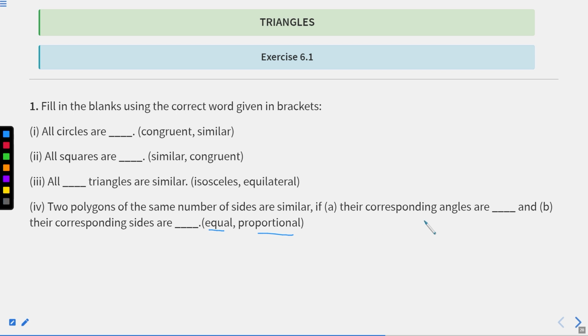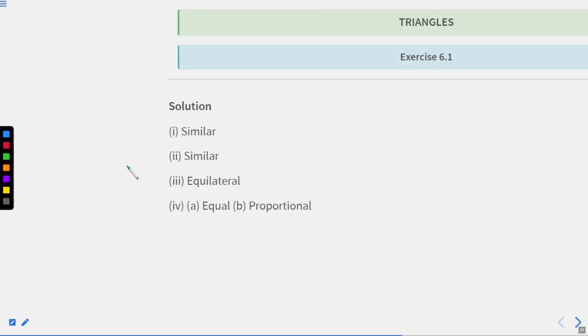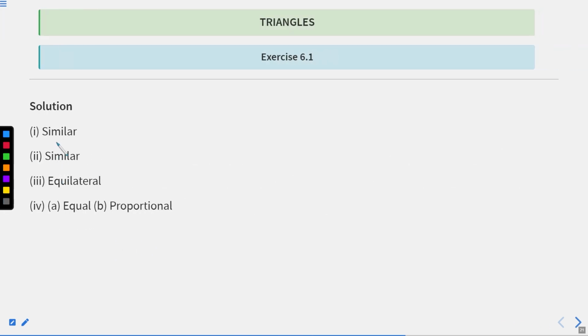So their corresponding angles are equal and their corresponding sides are proportional. So for the first one, the answer is similar. For the second one, the answer is similar also. For the third one, the answer is equilateral. And for the fourth one, the answer for A is equal and for B is proportional.